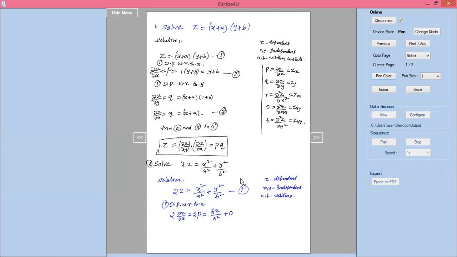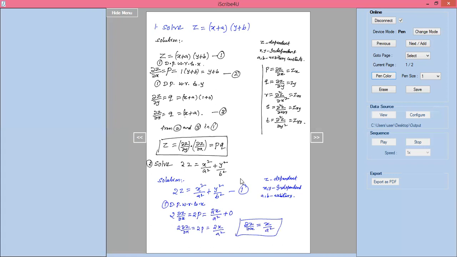So 2p equal to 2x by a square, or dou z by dou x equal to x by a square. Here p is dou z by dou x.